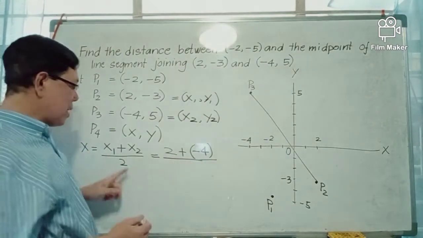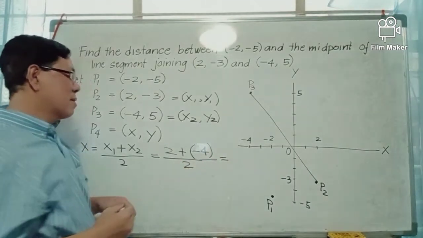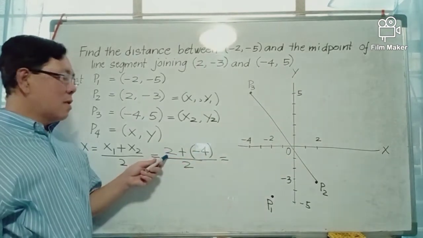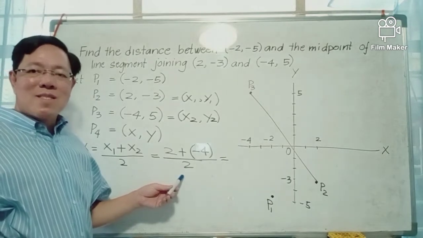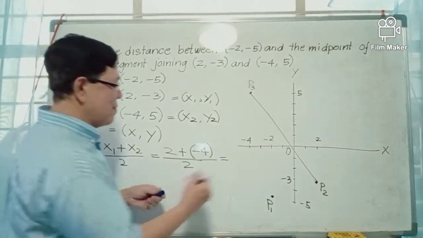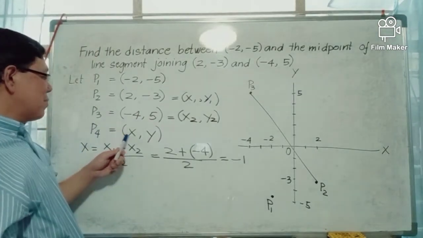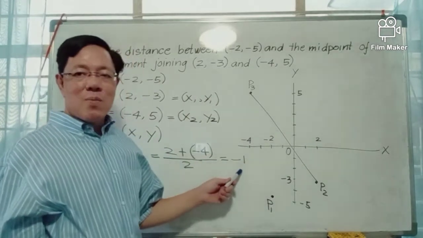And the sum is divided by 2. And we get: positive times negative is -4. 2 minus 4 is -2. Divided by 2 is -1. The abscissa of the midpoint P4 of the line segment is -1.